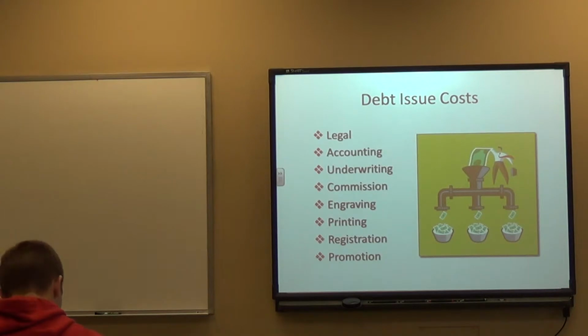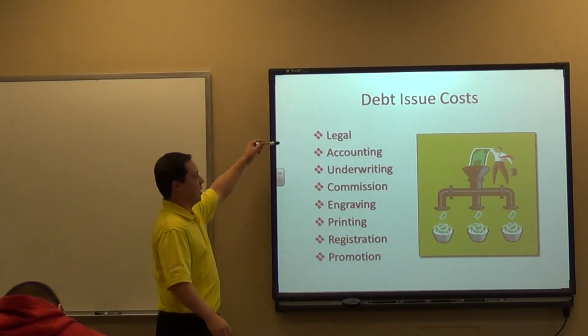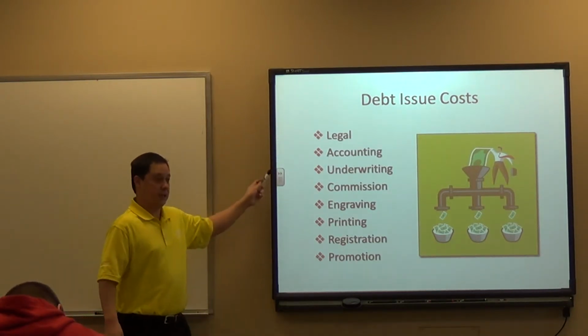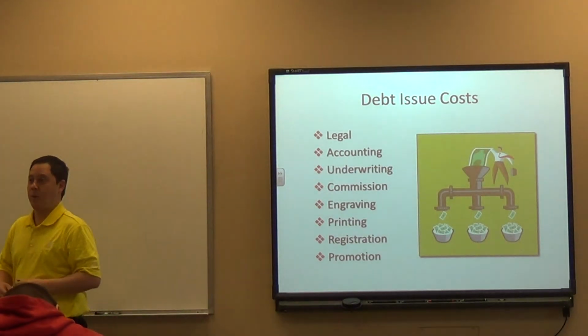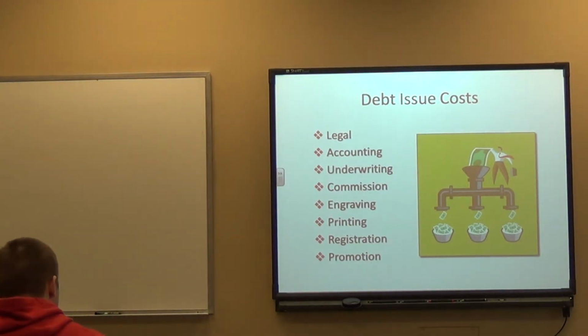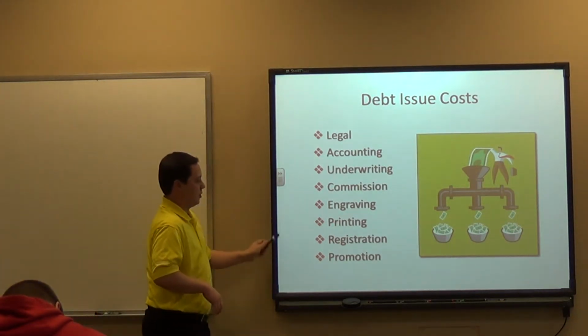Now, remember this slide from the other day. I want you to know these things, get these things down here, because you may see a question of what do you include as part of the cost of that bond when you amortize it. So you want to make sure that you have most of these ideas here.